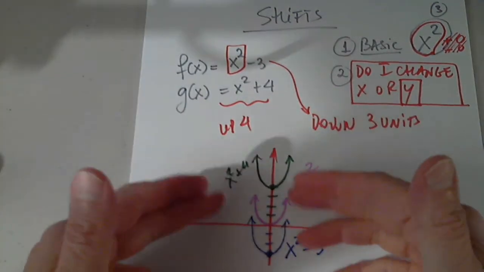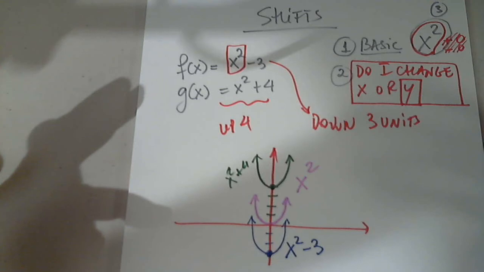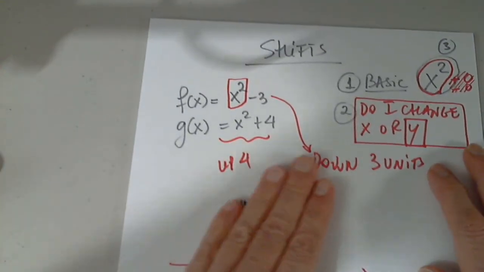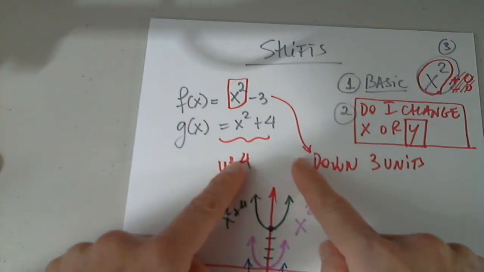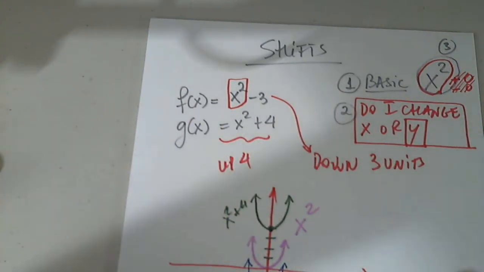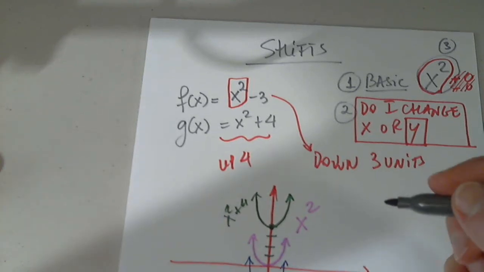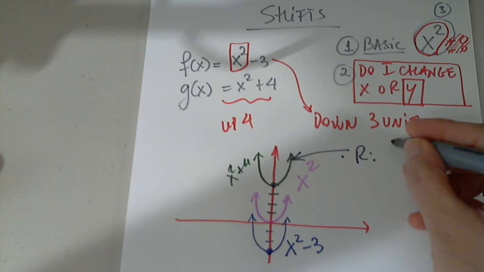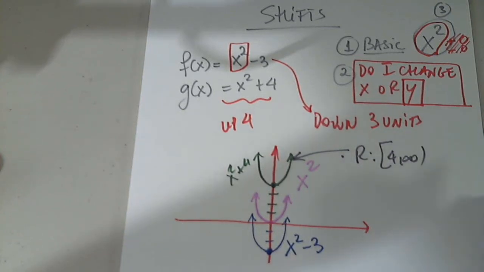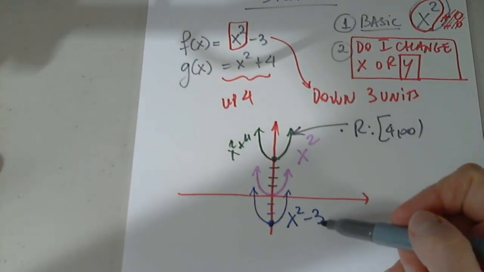Now, you can immediately do this in your head. And if I ask you, without even looking at the graph, what is the range of that function, you will say 4 to infinity. In a snap of a finger, right? So the range for this function is 4 to infinity. You can already picture this in your head.